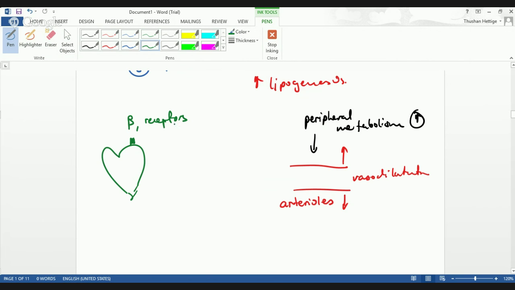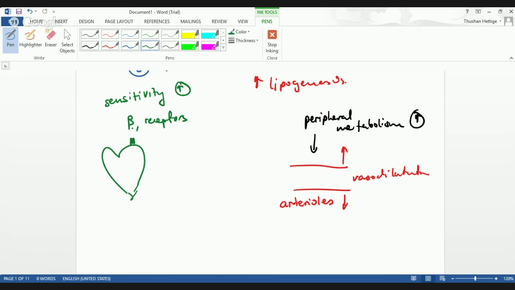Okay, with me so far? So sensitivity rises. The peripheral tissues are more sensitive to beta receptor stimulation. So we have a few things. Beta 1 receptors are found in the sinoatrial node, increasing your heart rate. Where else in the heart do you find beta 1 receptors?